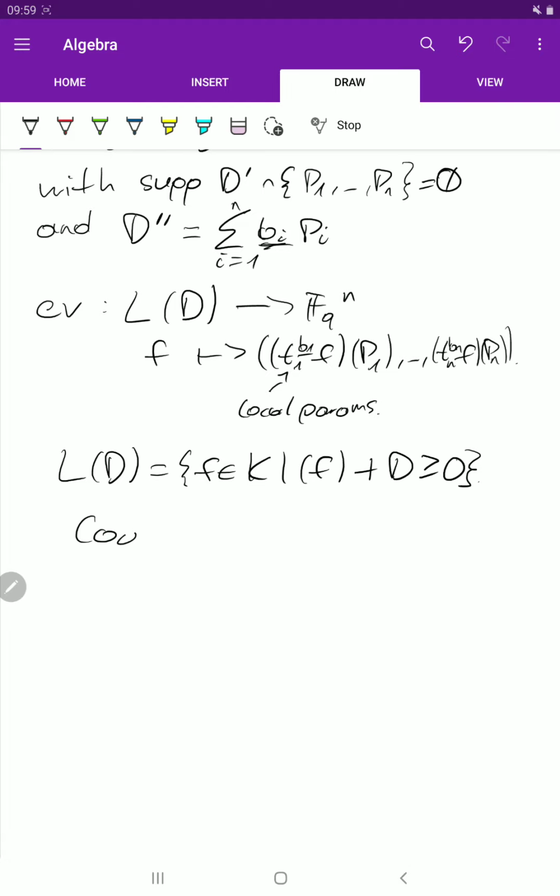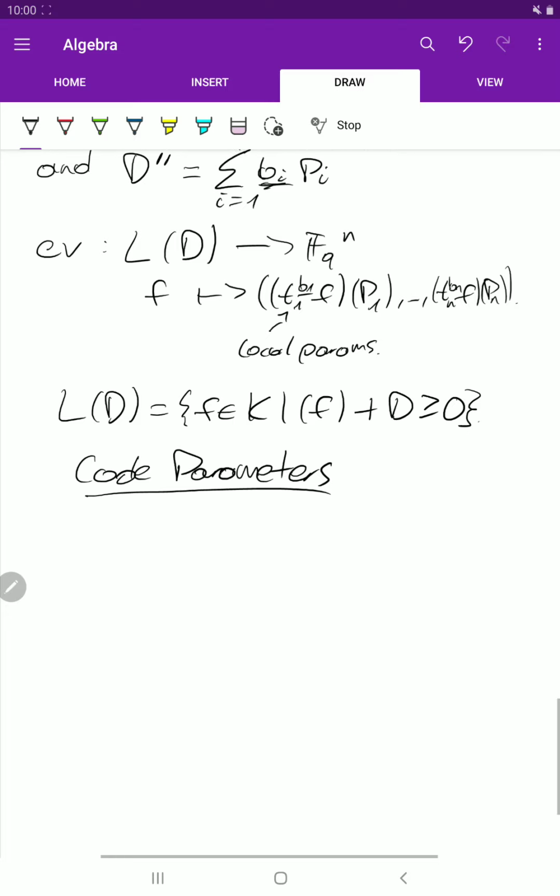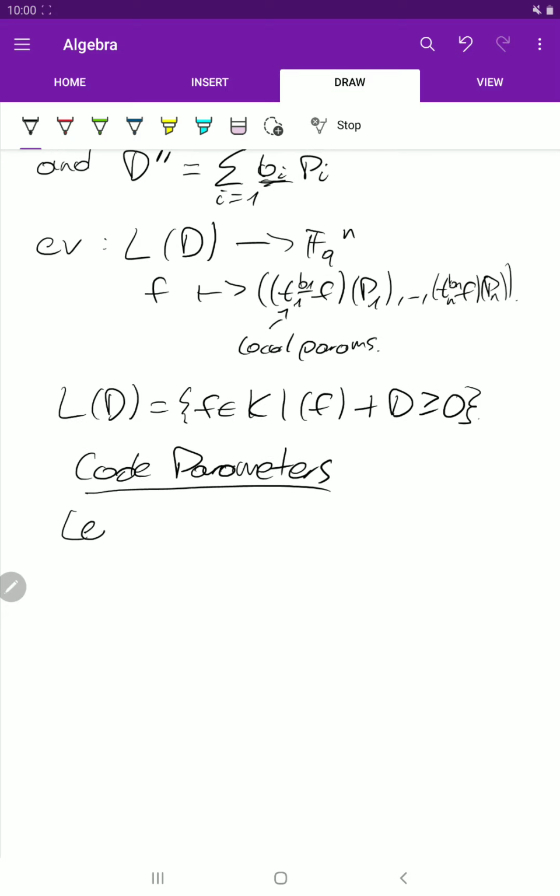Okay, now let's go to the code parameters. We have, of course, the length, which is just n, so there's not much we have to do about this. But let's start with a lemma about the dimension.